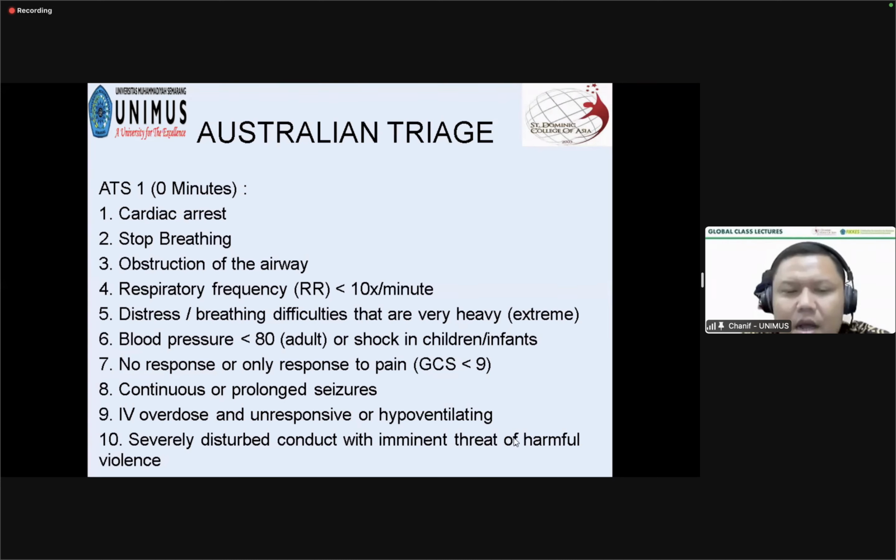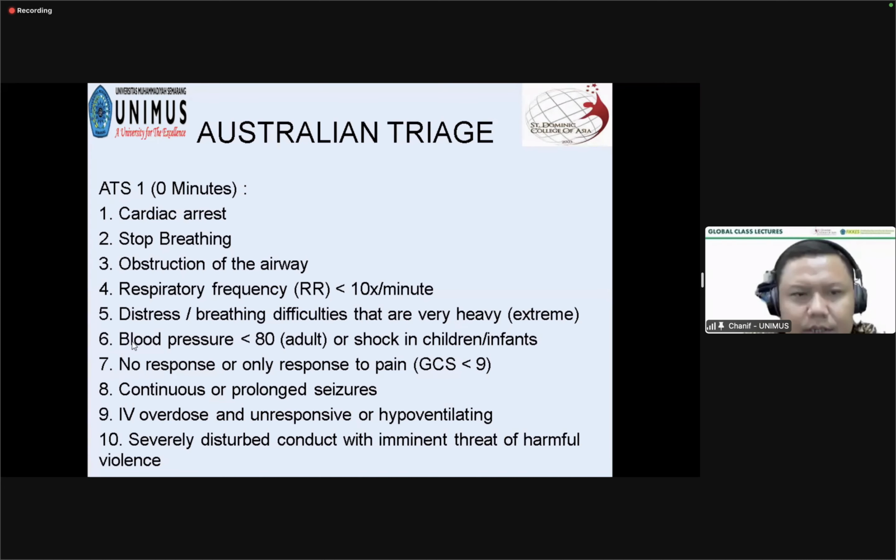Imminent death, harmful violence, violent. So the Australian triage can be used for general hospitals and also for psychiatric hospitals. Some psychiatric hospitals use this model because the assessment is not only physical but also psychological. It is different from the ESI.